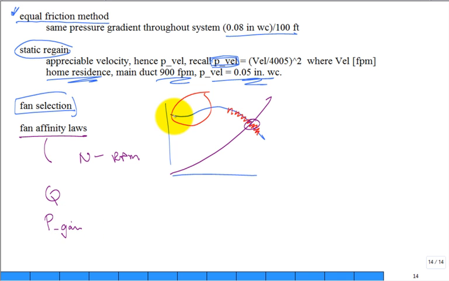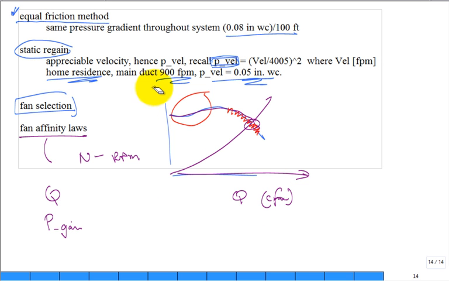So if you're looking at this fan curve right here, they're plotting the volumetric flow rate, CFM, versus what on this y-axis? Some pressure gain, isn't it? And then what's the third metric? Some brake horsepower. I'm going to have to feed a shaft that's going to have to continually feed mechanical power to that fan. And so it's the same thing with the pump systems. And so they'll be like that.